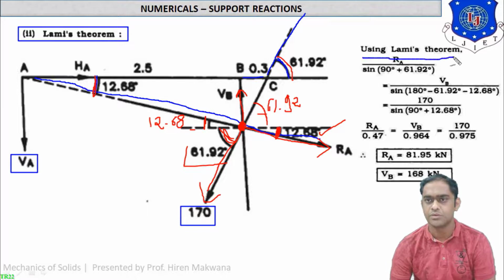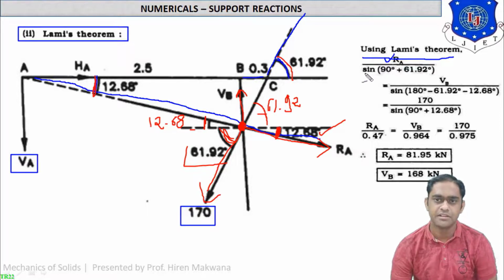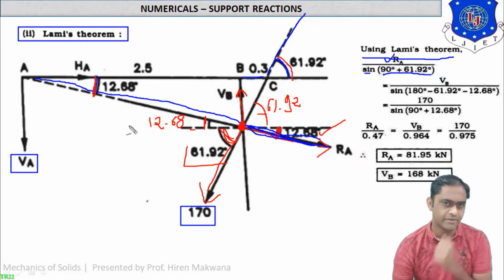You can see using Lami's theorem we have to find RA first. While we are taking RA, the sine of the angle between the other two forces is required in the denominator. Concentrate on the figure for RA. What is the angle between the other two forces?